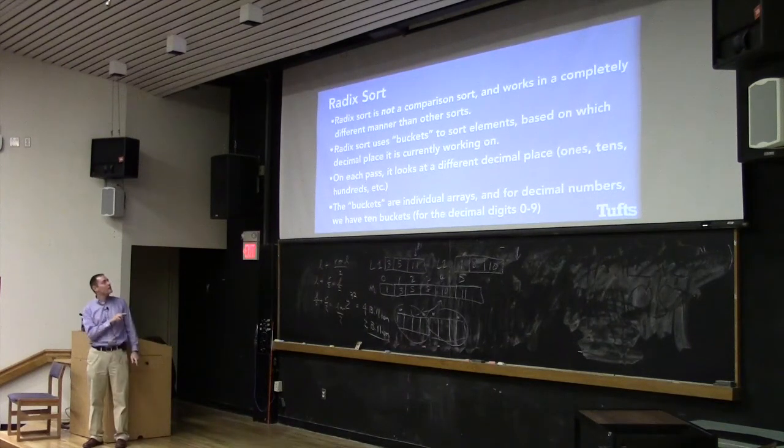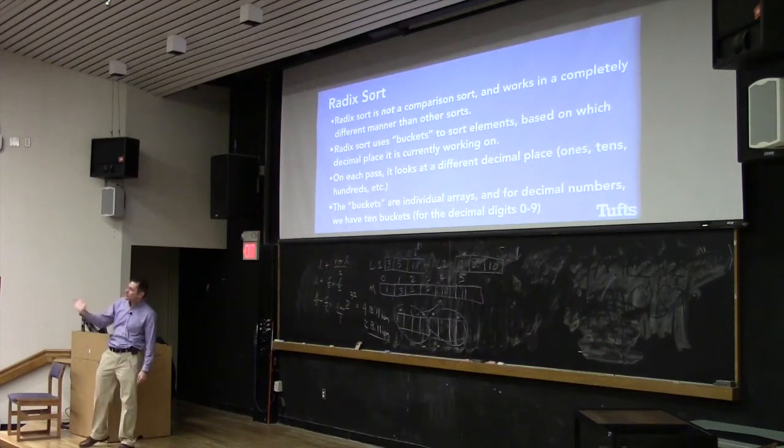I will show you. Radix Sort uses these buckets, and we'll see buckets a little bit later. Radix Sort uses buckets to sort elements based on which decimal place it is currently working on. So that's a little weird. Okay, you think, wait a minute, what does the decimal place have to do with it? Well, we'll see. Every time you go through, so what you do is you go through the elements a number of times.